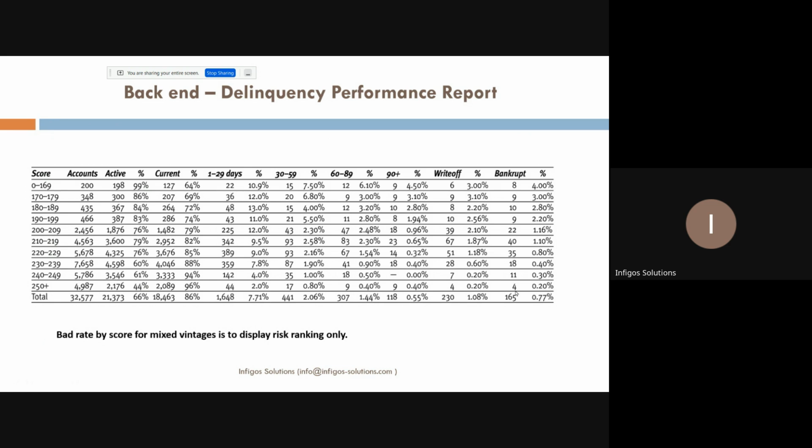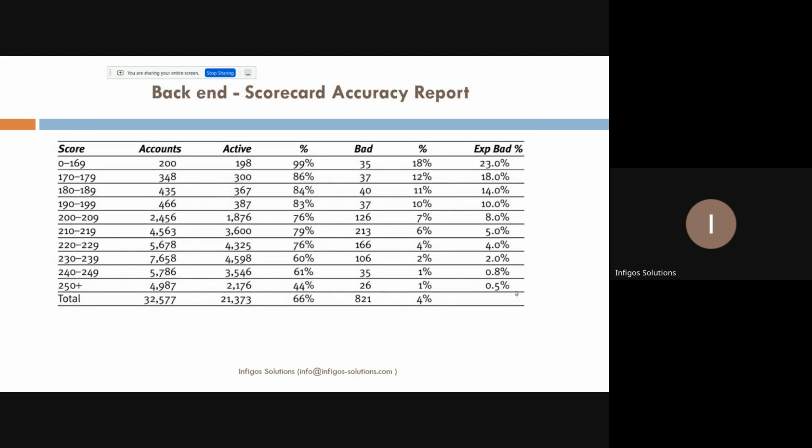And then you need to see whether the scorecard is doing a good job or not. To see whether the scorecard is doing a good job or not, there is something called the scorecard accuracy report. So you are expecting here 23% bad, but you're getting 18% bad. 18% bad here, you're getting 12% bad here. So if there's too much, if this rank ordering is not happening here, rank ordering is not happening here, then you might see that this scorecard is not working.